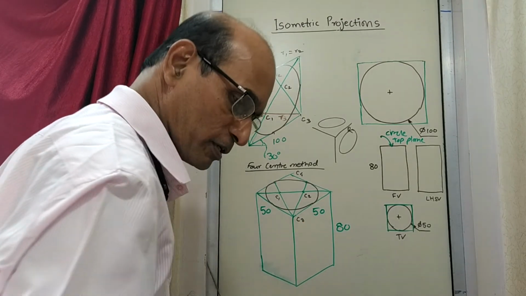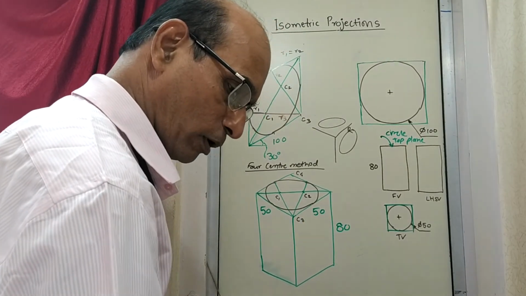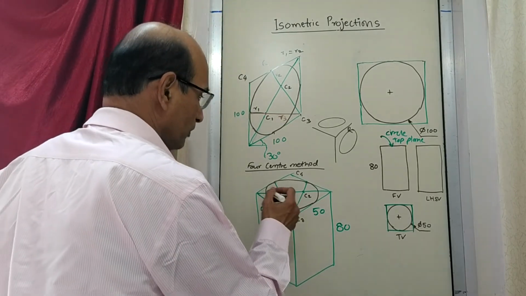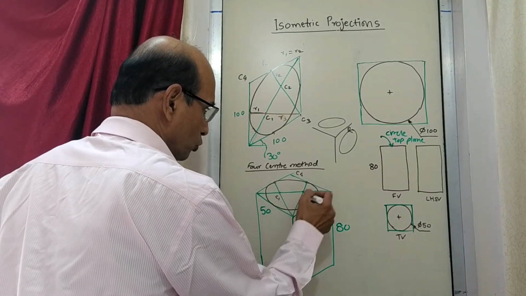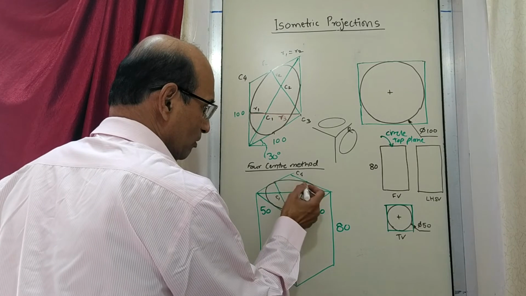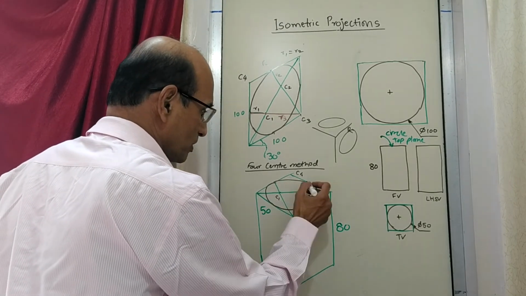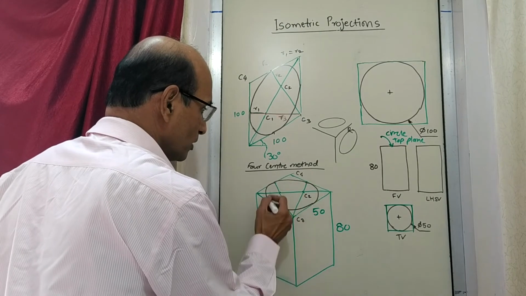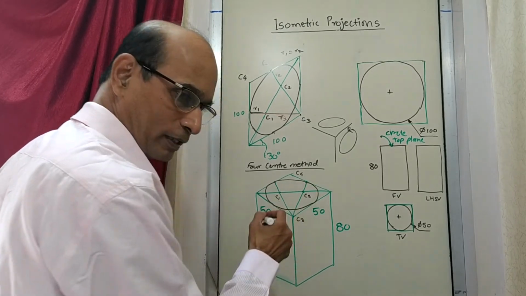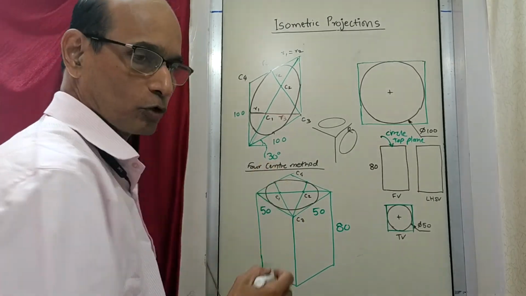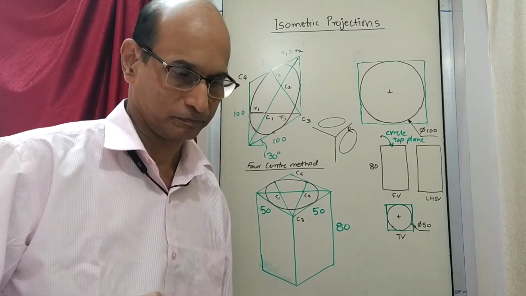But what I would suggest to you is a shortcut. What that shortcut says is, out of these 4 arcs, 1, 2, 3 and 4, this arc is going behind, it will not be seen. Only these 3 arcs will be seen. So for drawing these 3 arcs, whatever centers there are, only those centers we are going to shift.